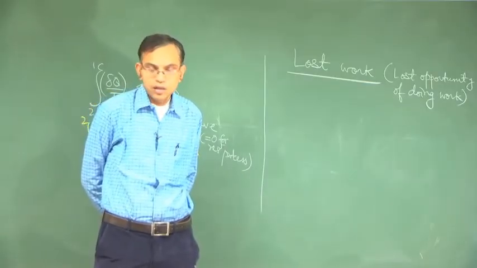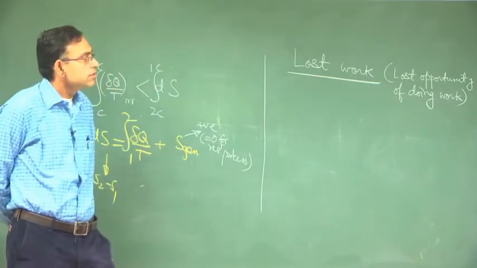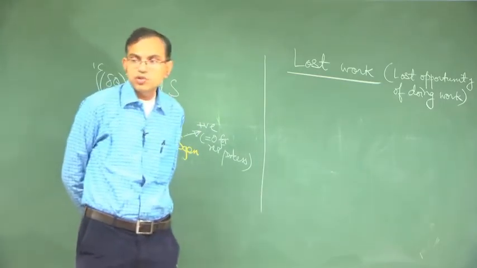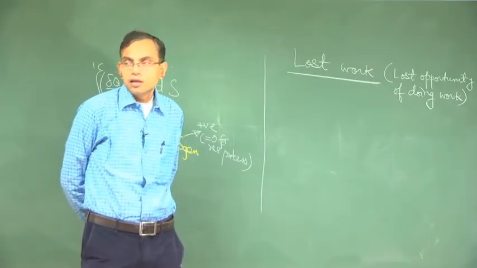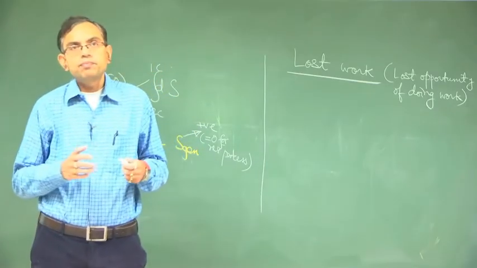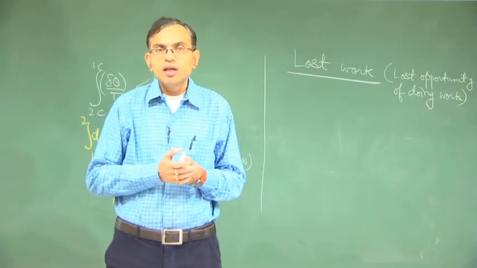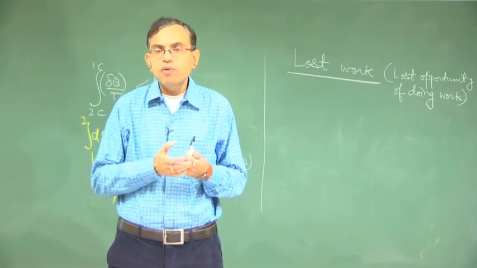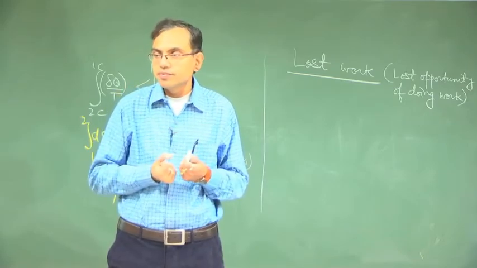Okay. So, now when we say lost opportunity of doing work, what do we mean? The concept is something like this. In a practical process, we always have an opportunity of deriving work because of a change in thermodynamic state.